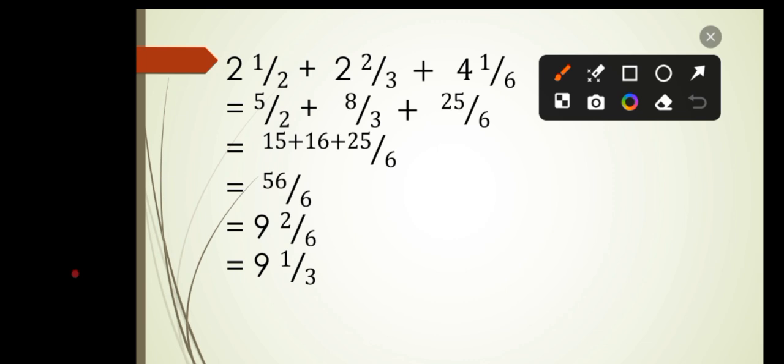So now that we have got the LCM, using the method that we have been using, we divide the LCM by the various denominators of the fractions and multiply by their numerators. So let's proceed. Let's start with this. This denominator 2 into this 6 will give us 3. 3 times 5 gives us 15.